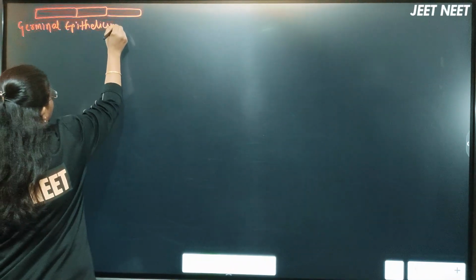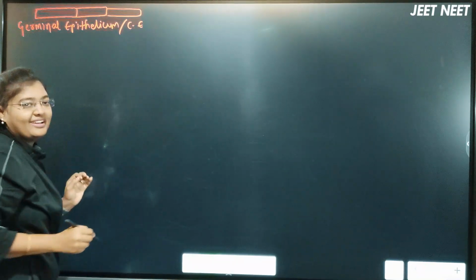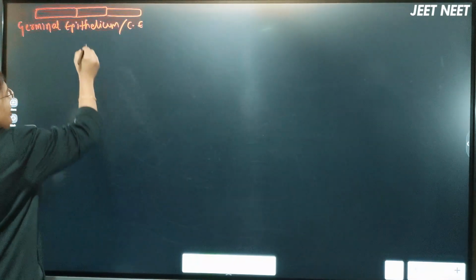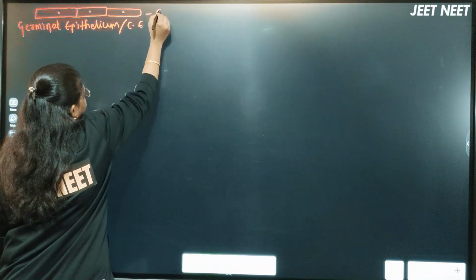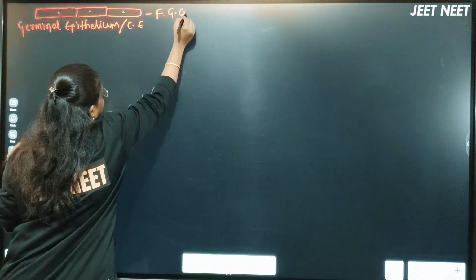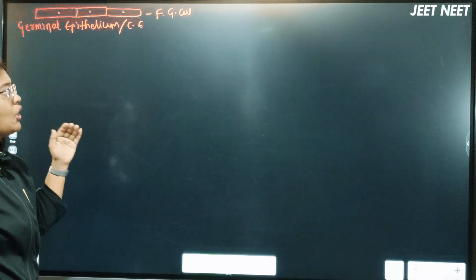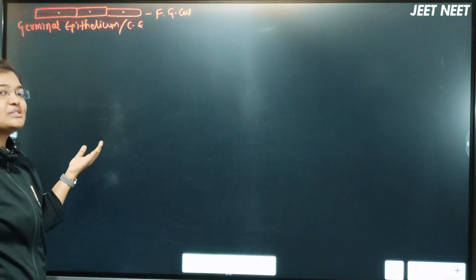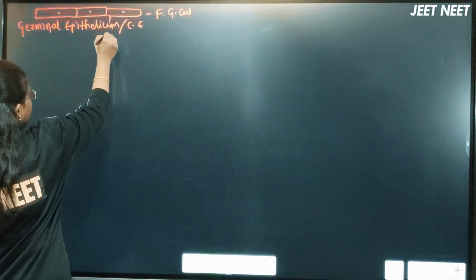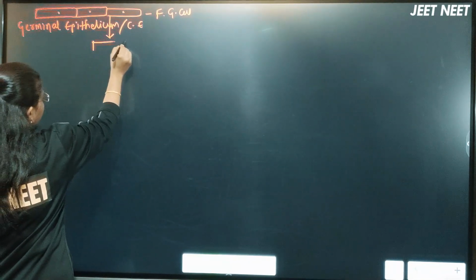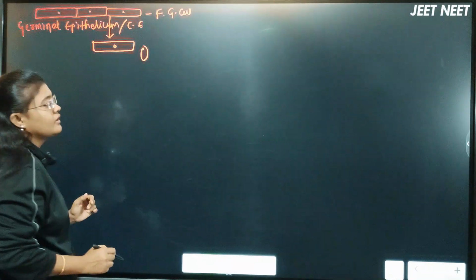Just now I told you that germinal epithelium is also called cuboidal epithelium. Each cell present here we call a female germ cell, or another word, primordial germ cell. Now I am taking one germ cell here. Imagine this is one germ cell.